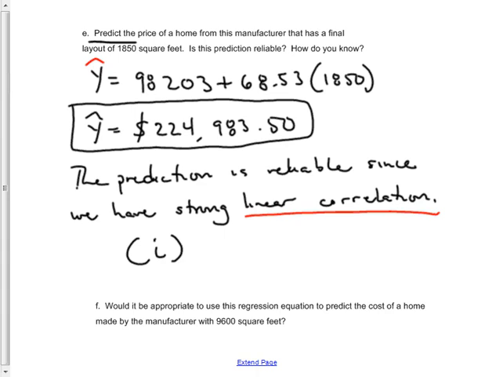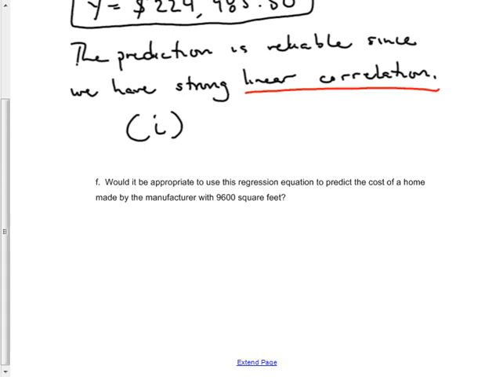Okay, so let's take a look at F. Would it be appropriate to use this regression equation to predict the cost of a home made by the manufacturer with 9,600 square feet? Well, what we've got to do is see if that's a value that we observed, or something close to it, in our sample data. If we flip back to the data set, I'm not seeing anything even close to 9,600.